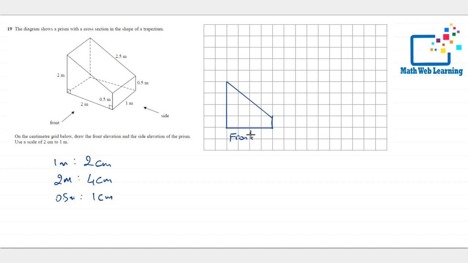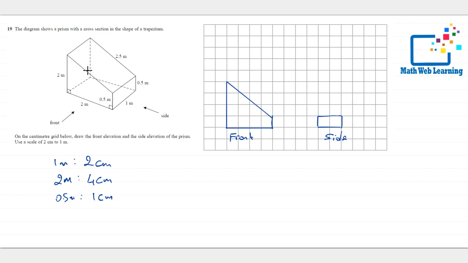Now for the side, you've got this rectangle here, which is 1 meter, in this case 2 centimeters, and you've got half a meter high, which is 1 centimeter, and then box it in.